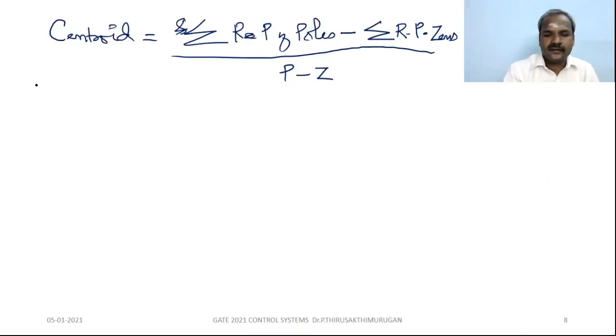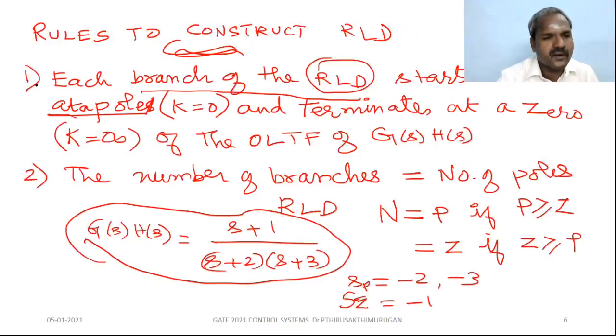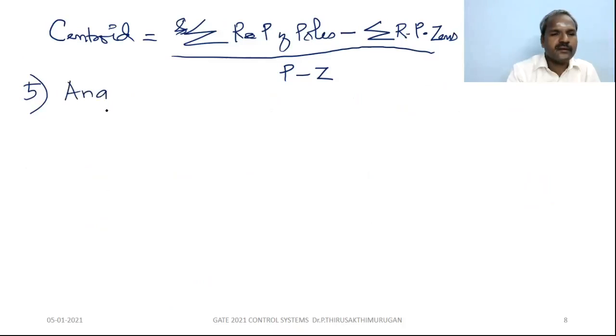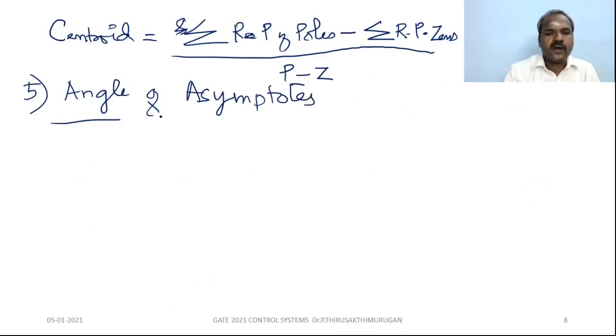Okay, 1, 2, 3, 4, 5, right? The angle of asymptotes. So what is the angle of asymptotes?